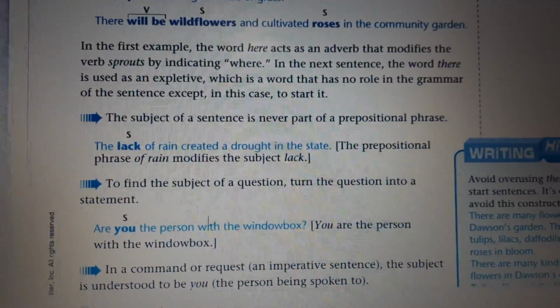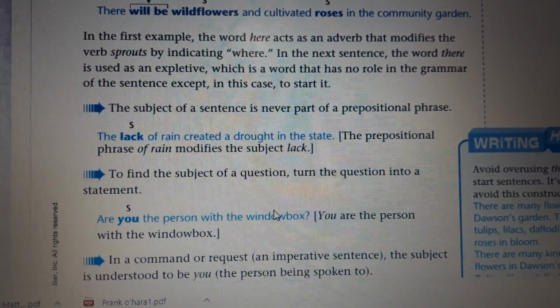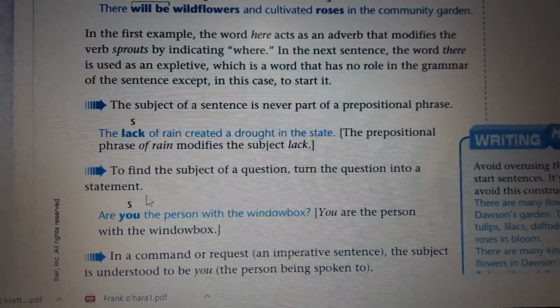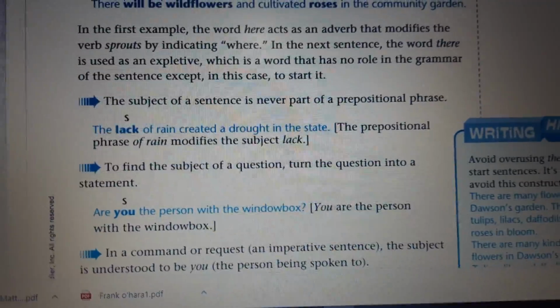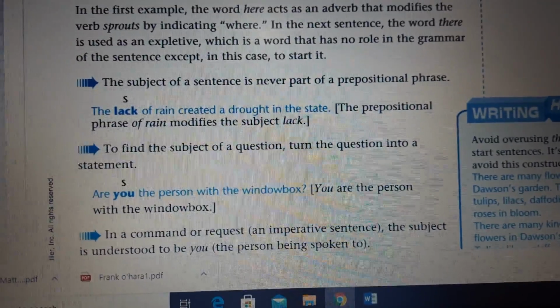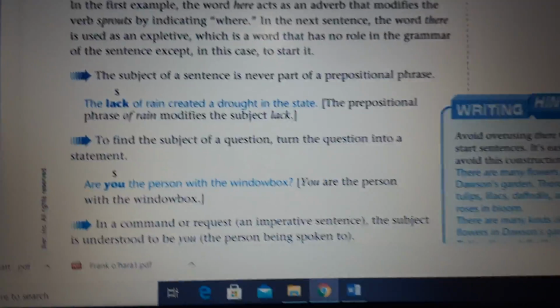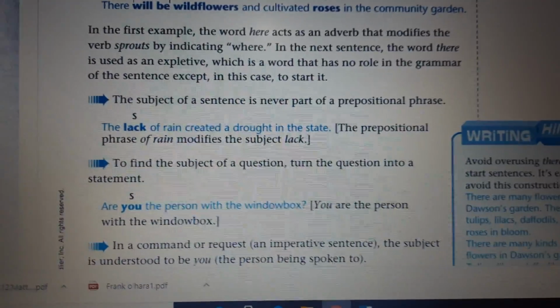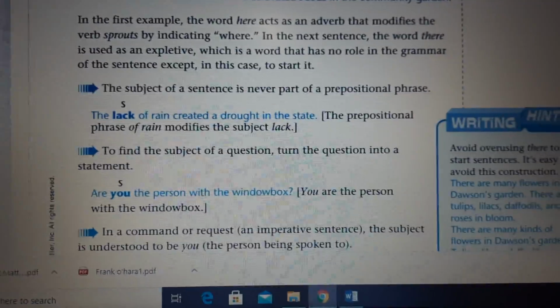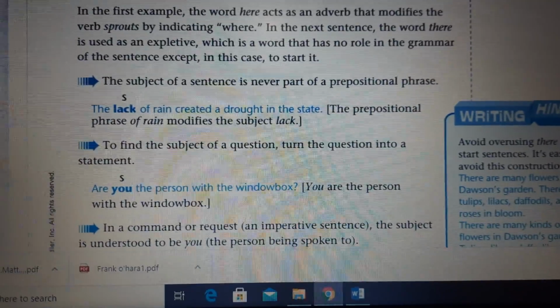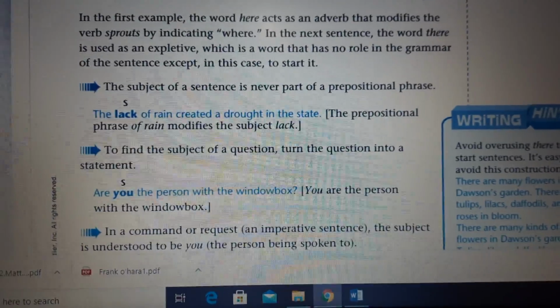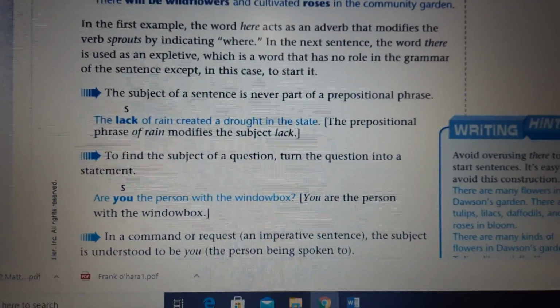And here, to find the subject of a question, turn the question into a statement. This is easy. If you start with a question like, are you? So basically, you is the subject. Is she or is he? So basically, he is the subject. Or is Jack? So basically, Jack is the subject.